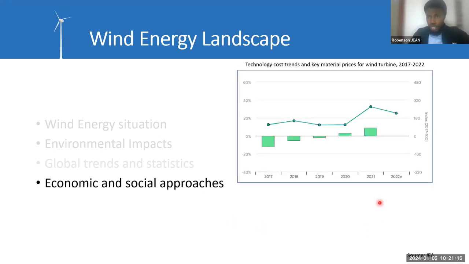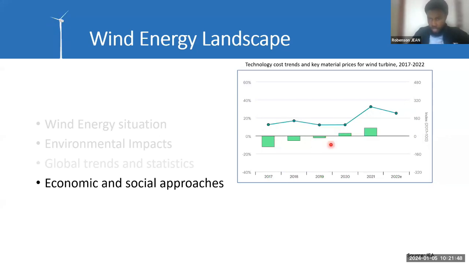So now let us see the cost of materials. We can see the technology costs and the key materials prices for wind turbines. So this is the evolution from 2017 to 2020 to 2022, or better, to 2021, we can see the cost technology trends.